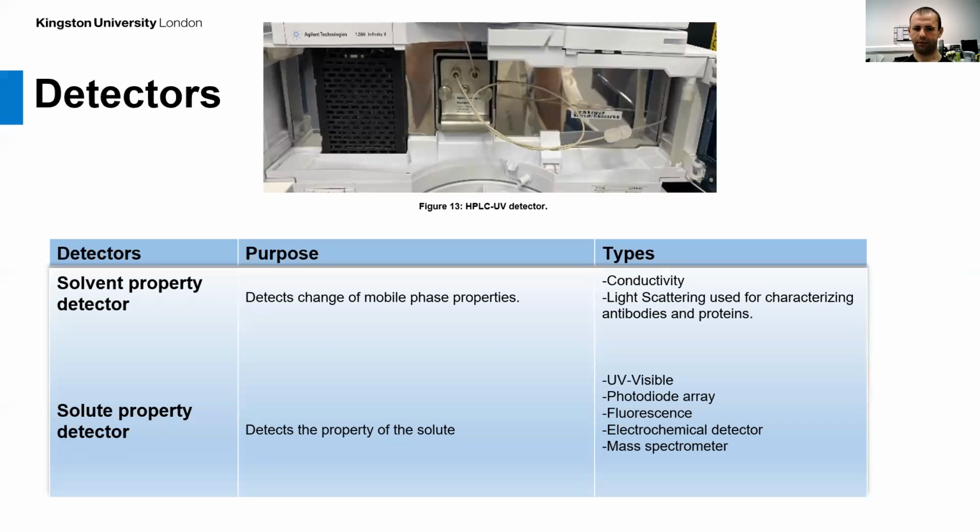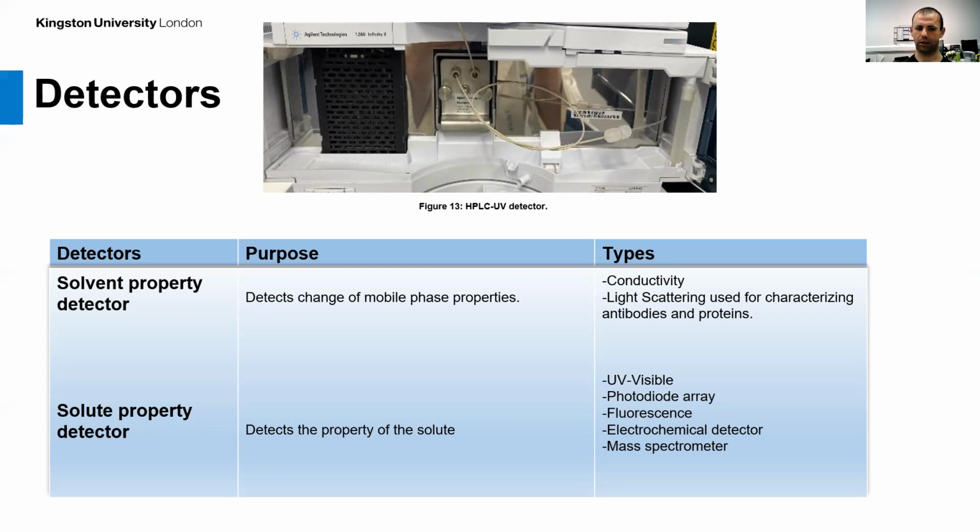Detectors. Figure 13 represents a picture taken from the analytical lab at Kingston University, an Agilent UV detector. There are 2 types of detectors, solvent property detector and solute property detector.